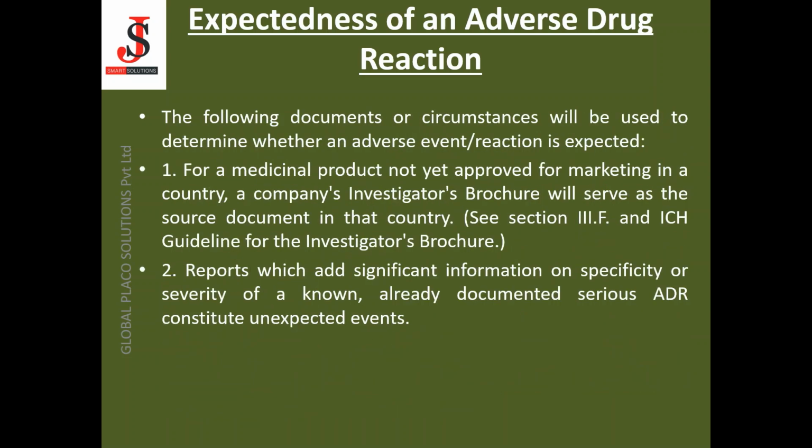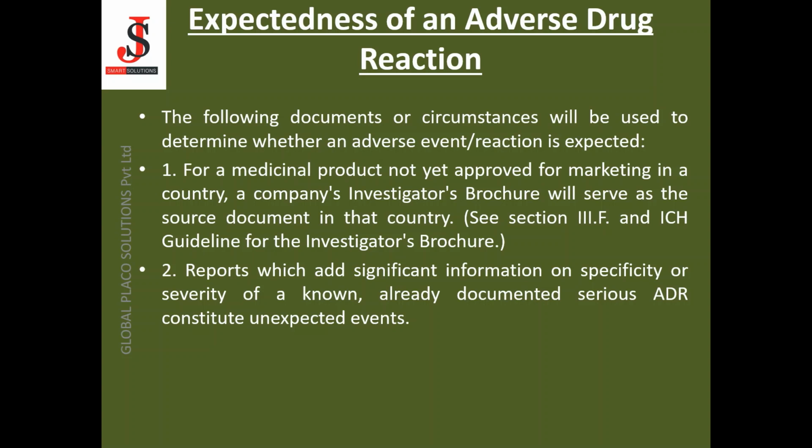The following documents or circumstances will be used to determine whether an adverse event or reaction is expected. For a medicinal product not yet approved for marketing in a country, a company's investigator's brochure will serve as the source document in that country. Reports which add significant information on specificity or severity of a known, already documented serious adverse drug reaction constitute unexpected events.